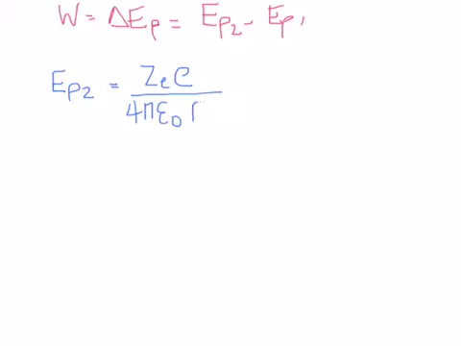And you've got r, so in the second state it's at distance r. And in the first state, it's going to have Ze again. We're going to have this 4 pi epsilon-0, but it's going to be 2r.